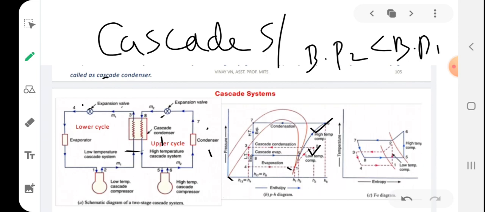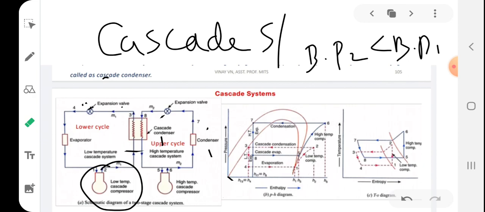So from 1 to 2 it gets compressed in the low temperature cascade compressor. Then 2 to 3 is cascade condensation, and the heat rejected in cascade condensation is transferred to the evaporator in the higher cycle. So this heat is used as evaporation in the second cycle.